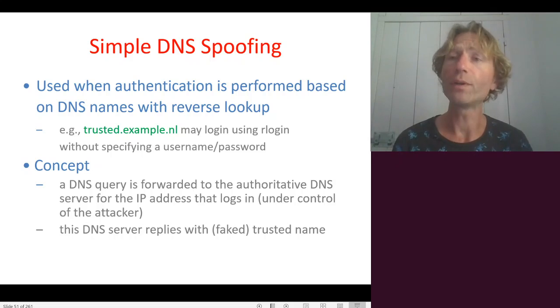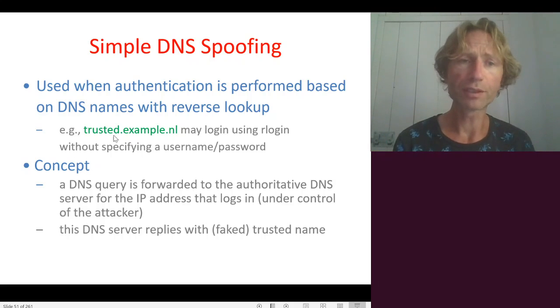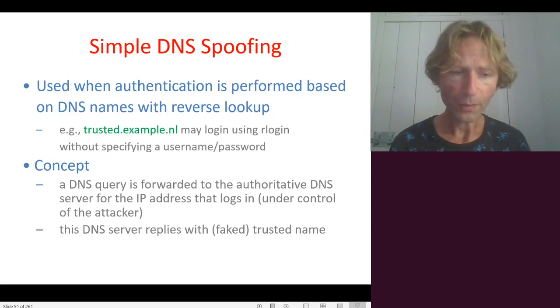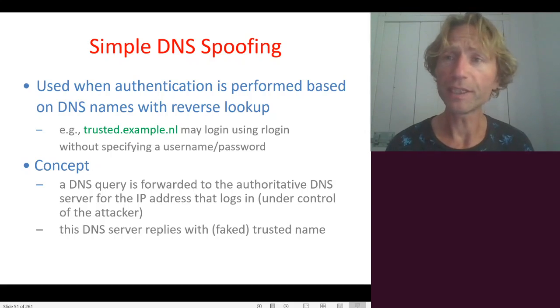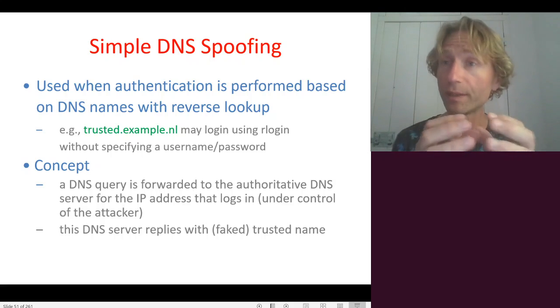For instance, a server may use this for determining whether a client is able to log in without username and password. So it will only trust a client if it has the right domain name. It will only trust, say, a client that is called trusted.example.nl. So it receives an IP packet from the internet, and the first thing it will do is look up this IP address.